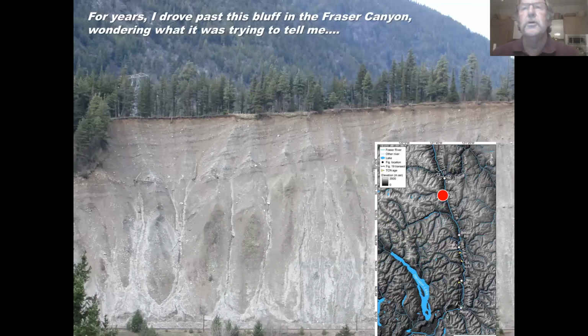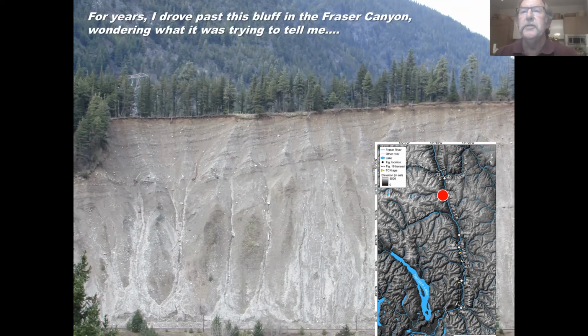Okay, so stepping back a bit. Before I had this Lidar imagery, I would travel through the Fraser River Canyon, up past Hope, Yale, Lytton, and just south of Lytton, as I was driving along the Trans-Canada Highway, I would look off to my left and see this magnificent exposure that you can see along the Fraser River.